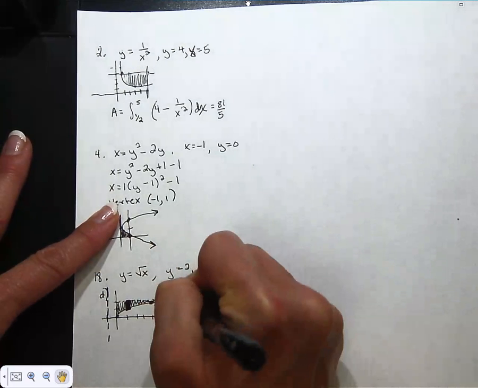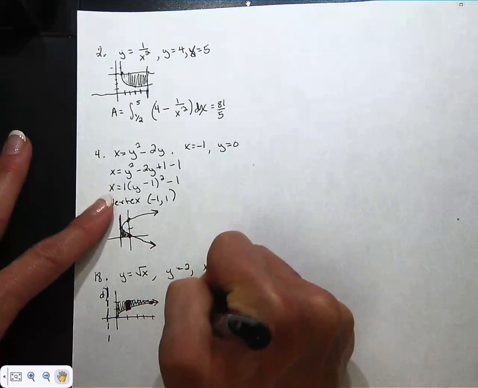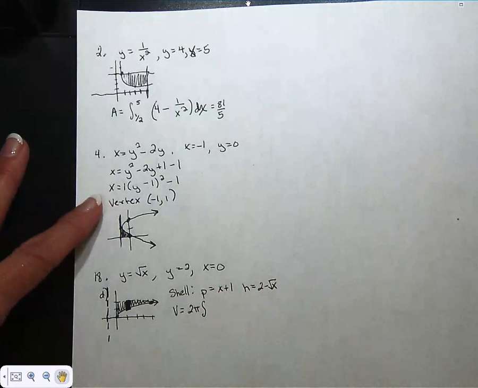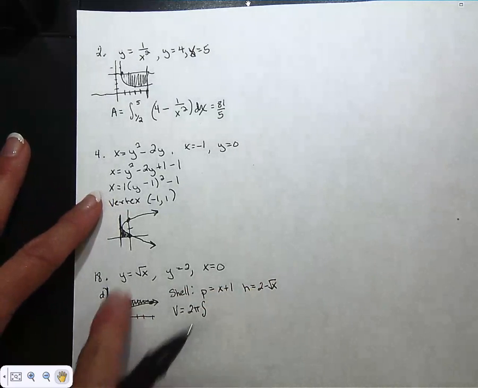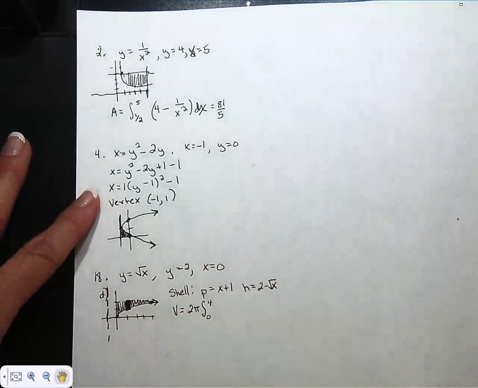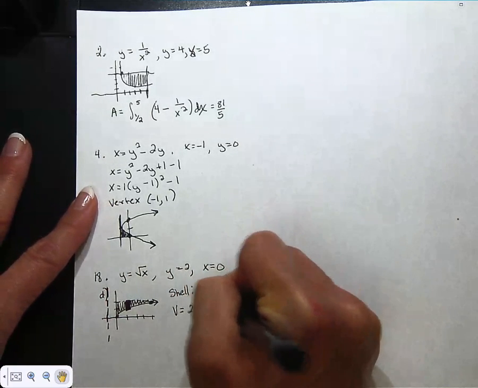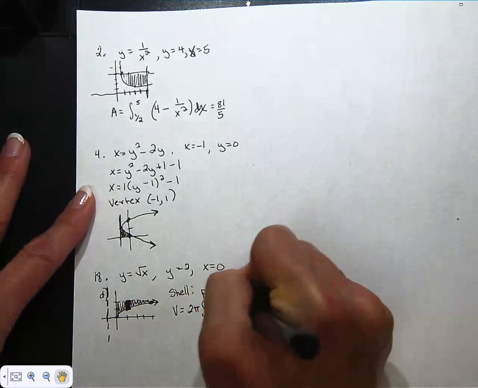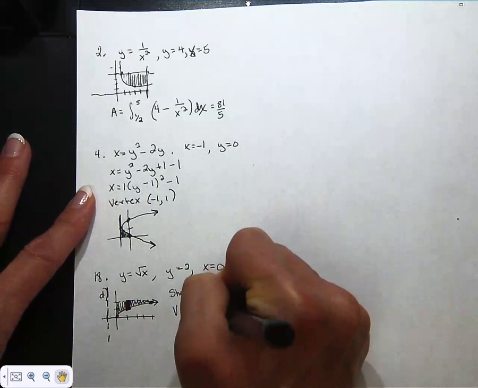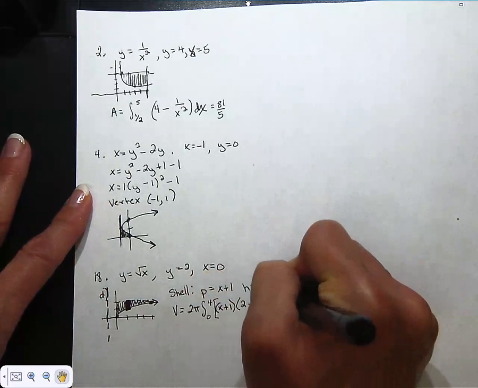The volume would be 2 pi times the integral from, what did you use for your bounds of integration? From 0 to 4. Okay, because that rectangle is sliding from here all the way over to there, 0 to 4. P times h. When I plugged that in, it worked. I was a little concerned as to where the plus 1 came from, but now I understand.